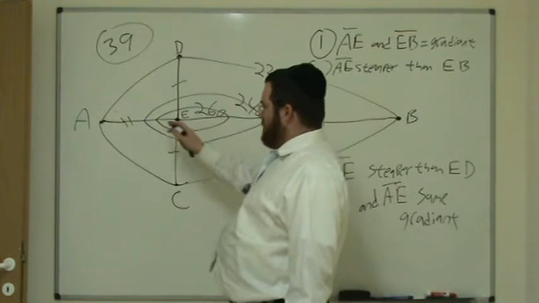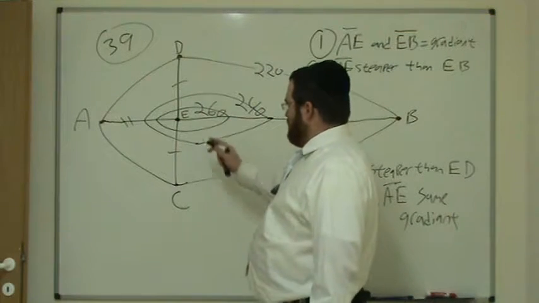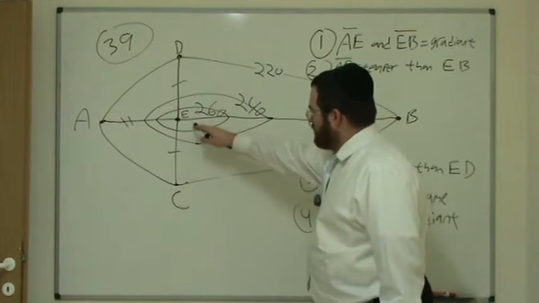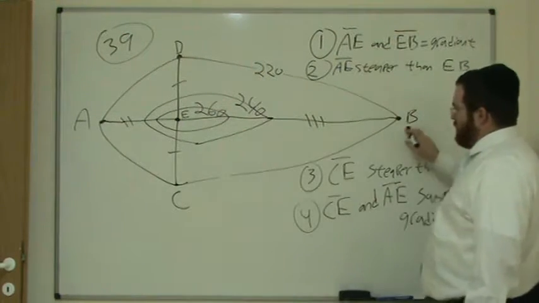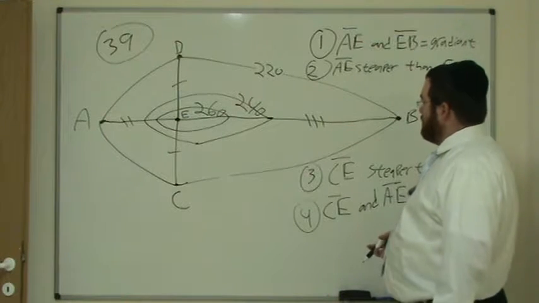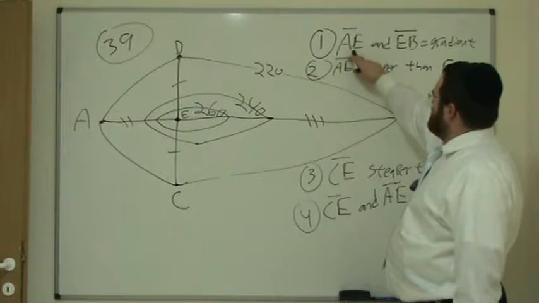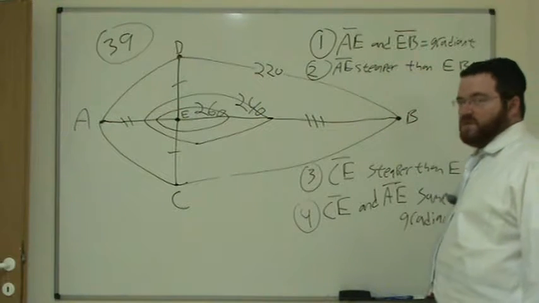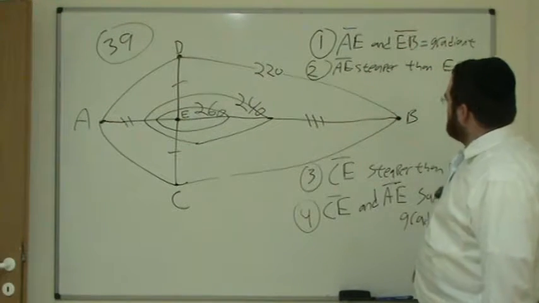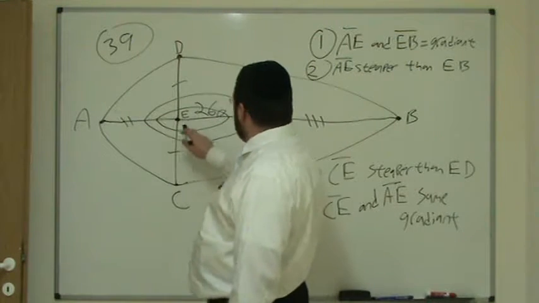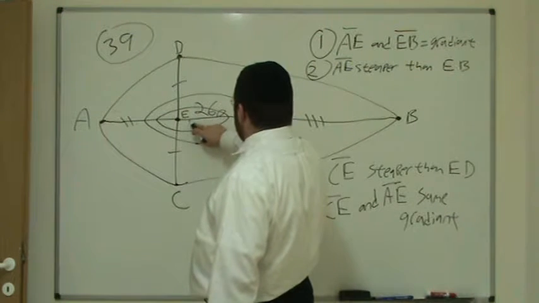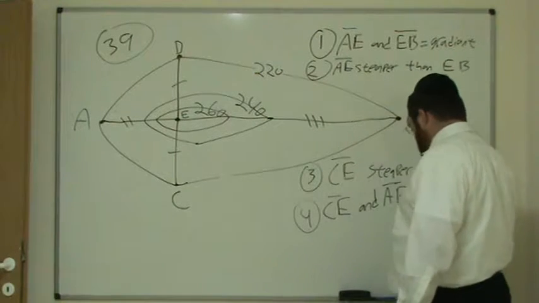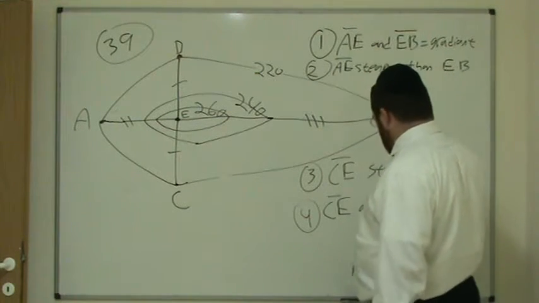So therefore AE is longer than CE or ED. And the longest one from E to B, so I made 3 lines. Now, is AE and EB equal? Is their gradient, their steepness, equal? Let's see, what's AE? This is AE. And this is EB. No, they're not the same steepness. So we're going to cross that out.